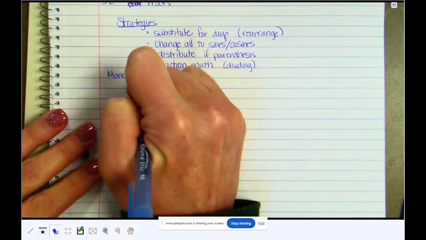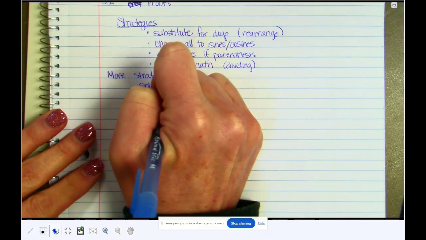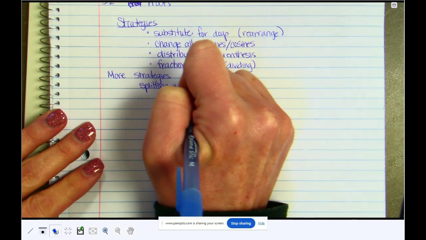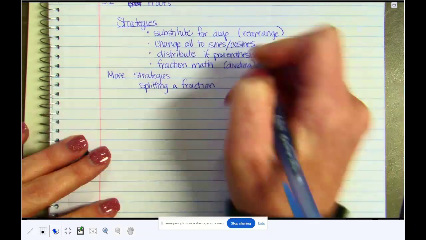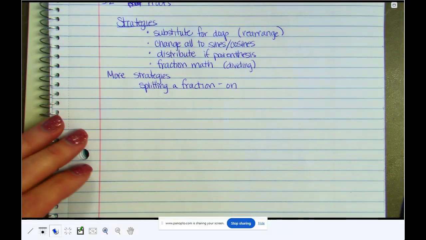This strategy, we're just going to call it splitting the fraction. This only works if you have a single term on the bottom. That's called a monomial.